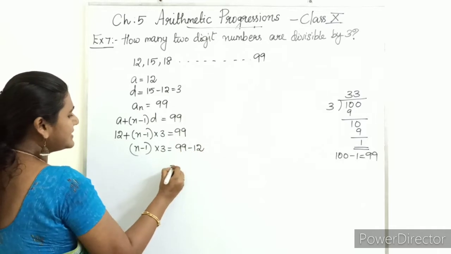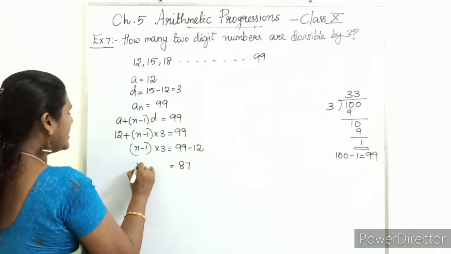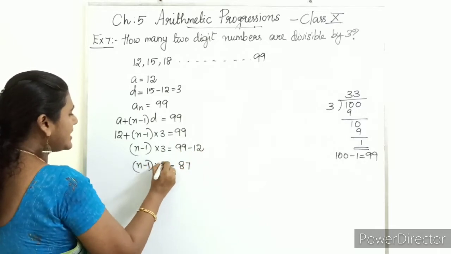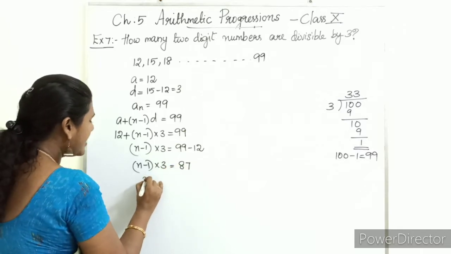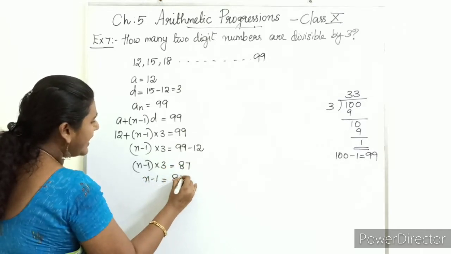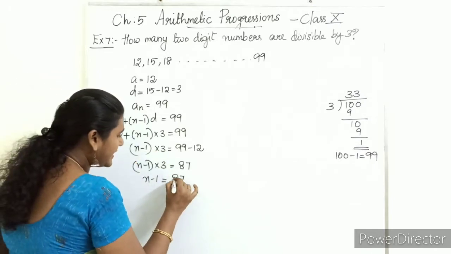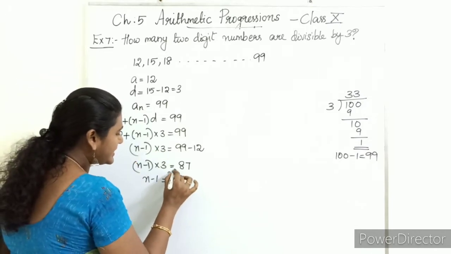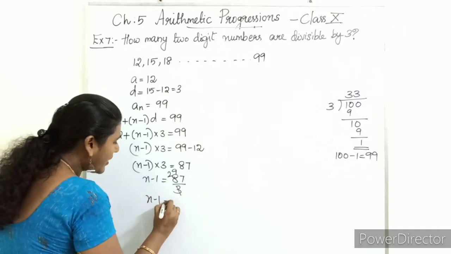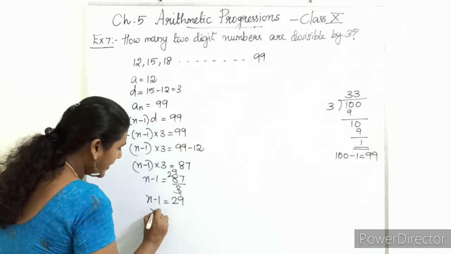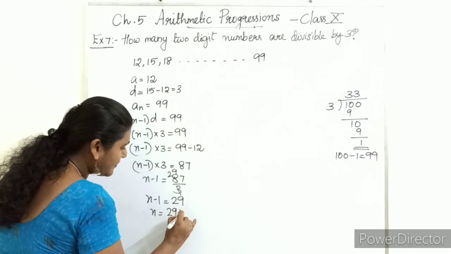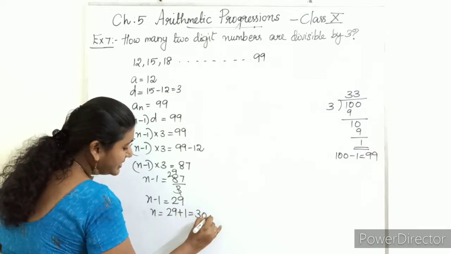When you subtract this you will get 87. So n minus 1 into 3 is equal to 87. So n minus 1 equals 87 by 3. So we will cancel this, 29. So n minus 1 is equal to 29. So n is equal to 29 plus 1 is equal to 30.